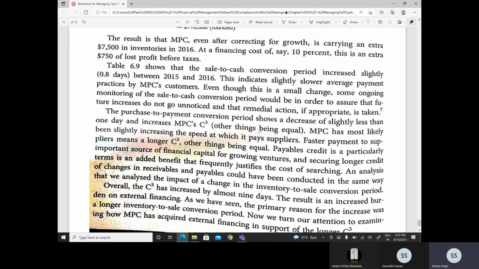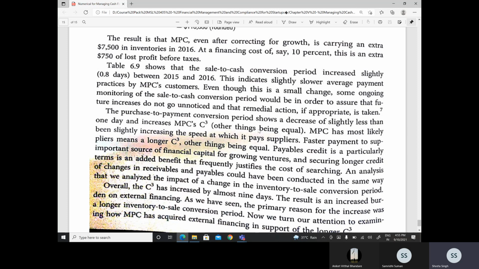This indicates slightly lower average payment practices by MPC's customers. Even though this is a small change, some ongoing monitoring of the sale to cash conversion period would be in order to assure that future increases do not go unnoticed and that remedial action, if appropriate, is taken.